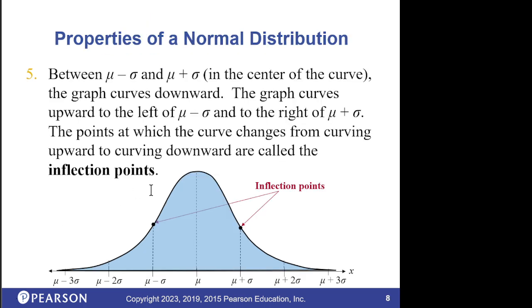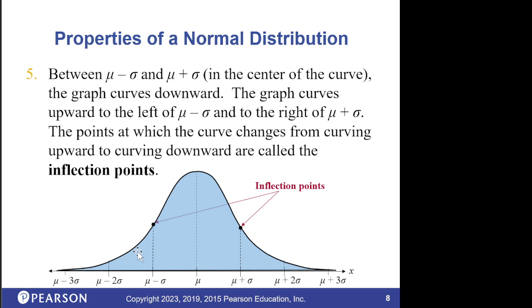Now, what we can look at is we can think of the mean and talk about standard deviations. And within one standard deviation, there are inflection points. Above this inflection point, it's concave down. It's a bowl shaping down. But when it turns at these inflection points, it turns to being concave up.